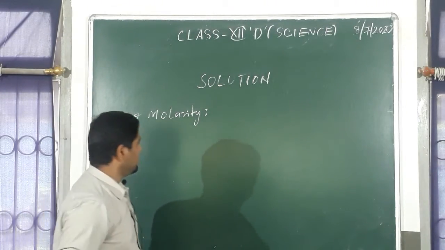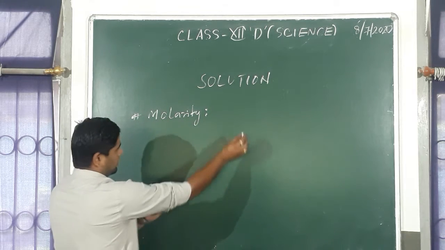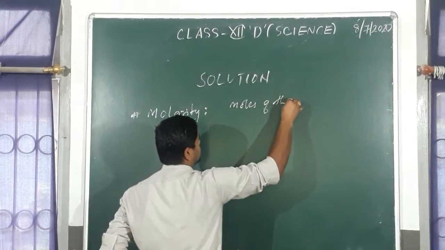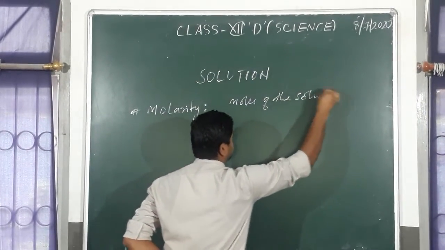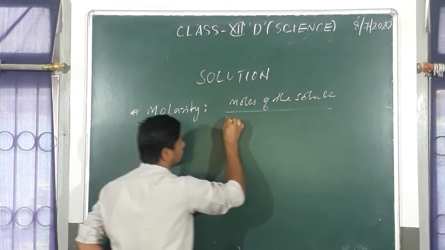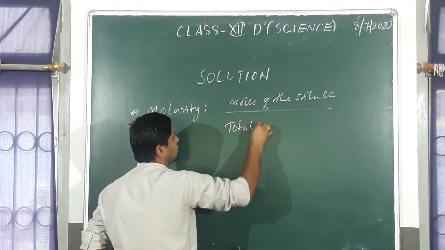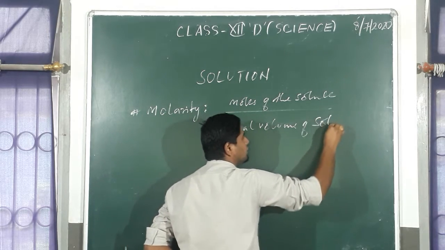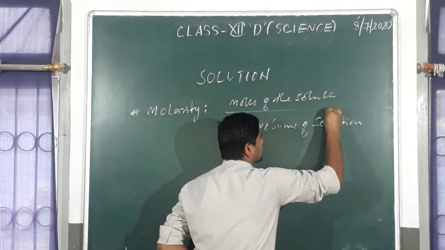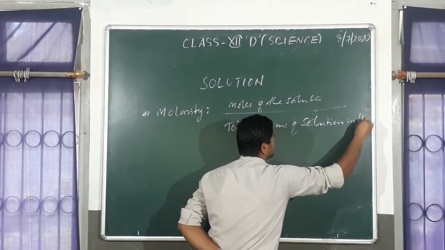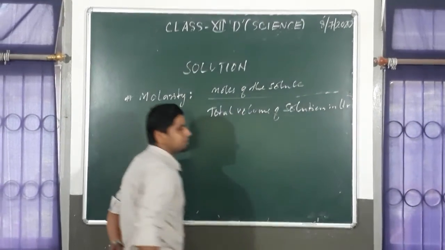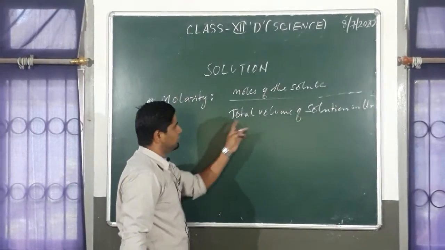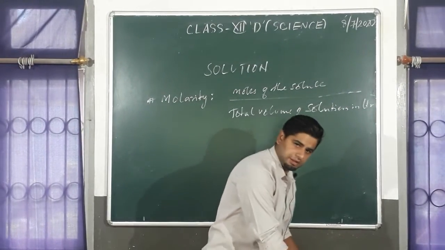Molarity is actually the moles of the solute present in the total volume of solution in liter. This is molarity. Moles of the solute divided by total volume of the solution in liter.